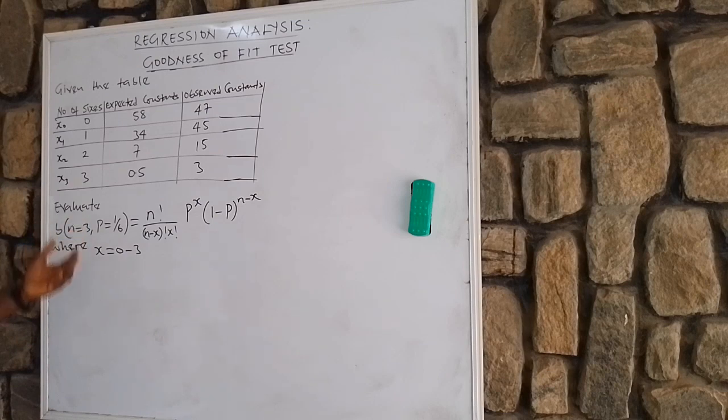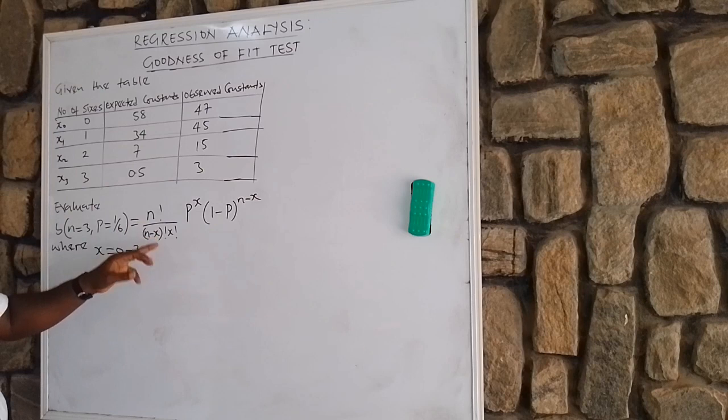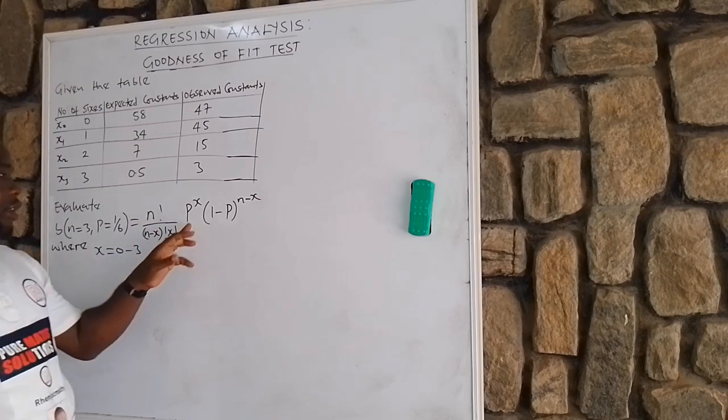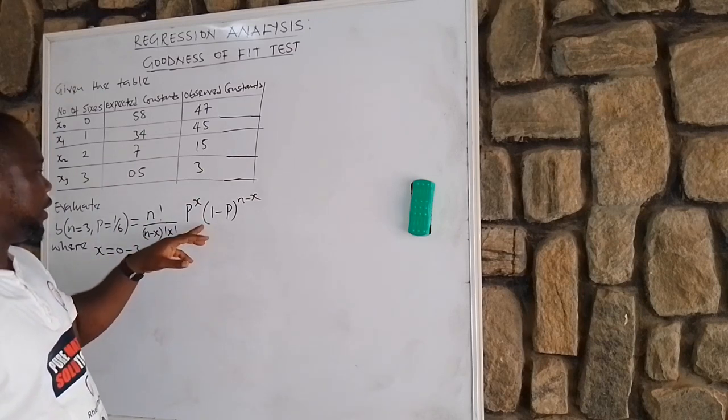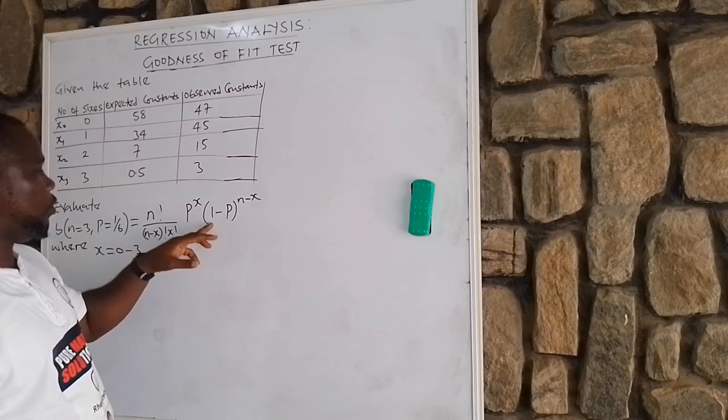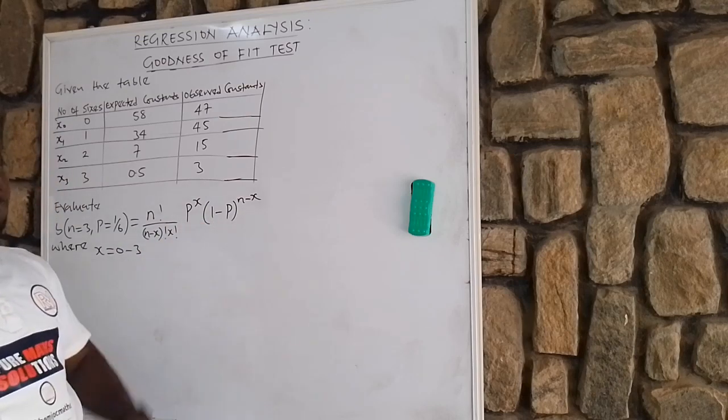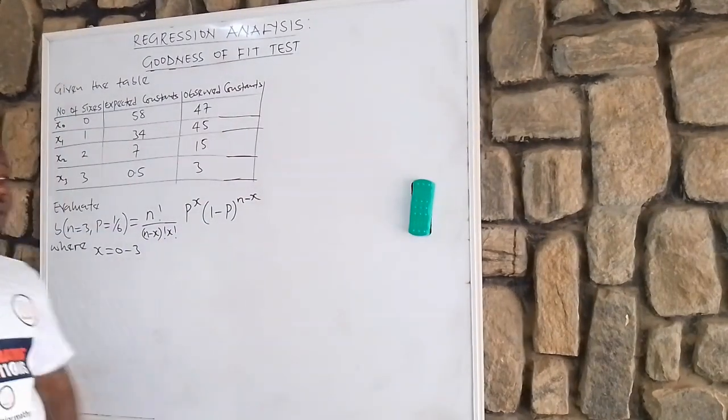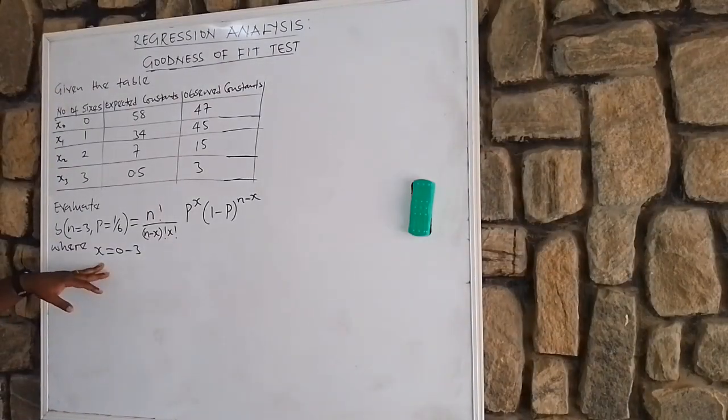Then it says evaluate b of n equals 3, p equals 1 over 6, which is equal to n factorial over (n minus x) factorial times x factorial, p raised to power x, times (1 minus p) raised to the power of n minus x, where x runs from 0 to 3.